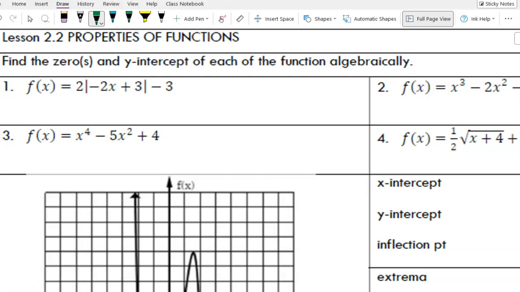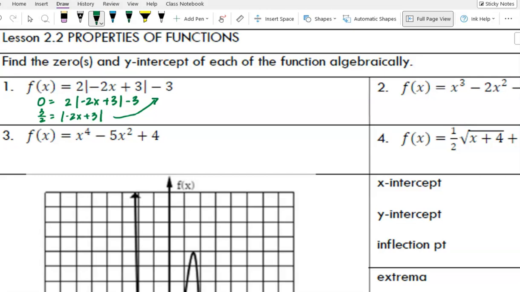I'm looking for the zeros, and what does zeros mean? It means that y is 0, so 2 absolute value of negative 2x plus 3, minus 3. Isolate the absolute value, so I end up with a 3/2 on the other side. This is not that much space that I gave you to work on.